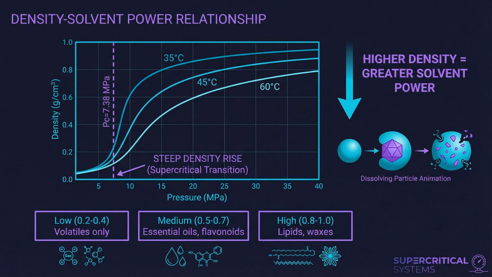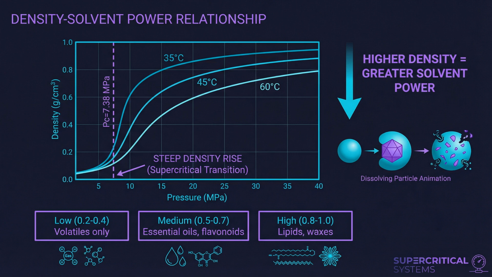Understanding the relationship between pressure, density, and solvent power is key to using supercritical CO2 effectively. As you increase pressure above the critical pressure, the density of CO2 rises dramatically. This density increase directly correlates with enhanced dissolving power.